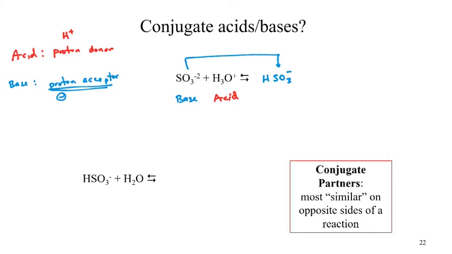Where did that hydrogen come from? That hydrogen had to come from our acid. So what does an acid do? An acid is a proton donor. So that means it loses H+ in the course of the reaction, which means I need to get rid of a hydrogen. So instead of being H3O, it'll be H2O. What happens to its charge?